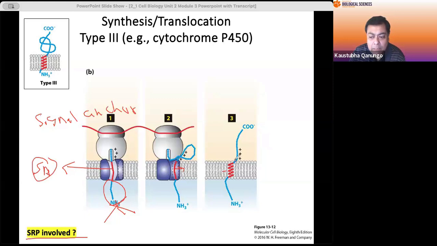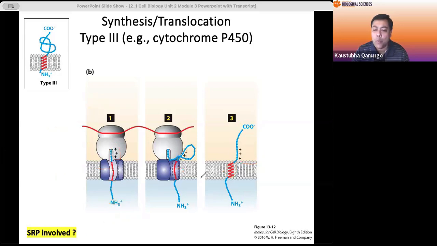Then immediately following the hydrophobic sequence, you have some plus charges right here. The plus charges will not allow this part to go through the lumen, and this part will remain in the cytosol. So that's it. This is exactly type 1, except for the N-terminal sequence. You have only one hydrophobic sequence, which is the membrane retention signal because it's hydrophobic, but it's a signal anchor because it is the only signal.